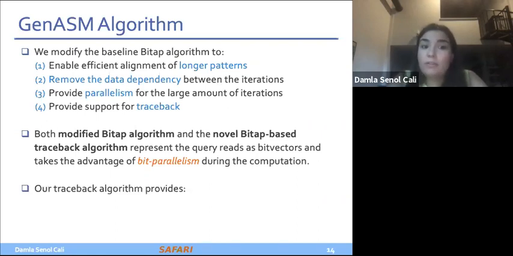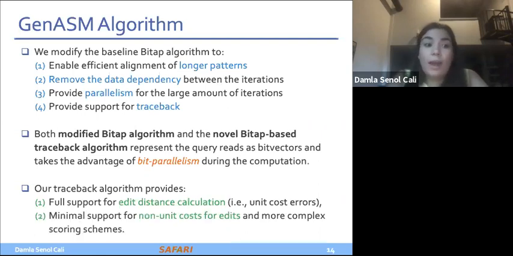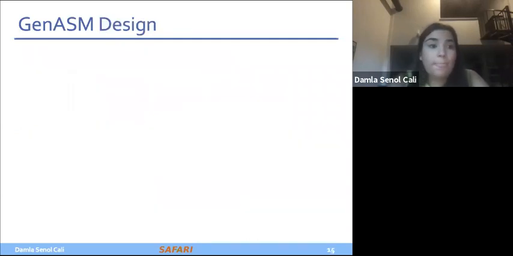And our traceback algorithm provides both full support for edit distance calculation, where the errors have unit costs, and also minimal support for non-unit costs for edits, and more complex scoring schemes, which is also important.